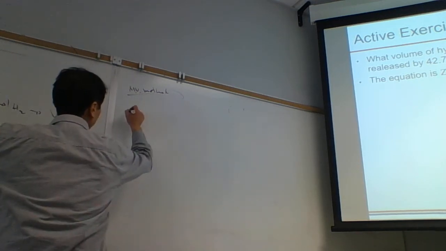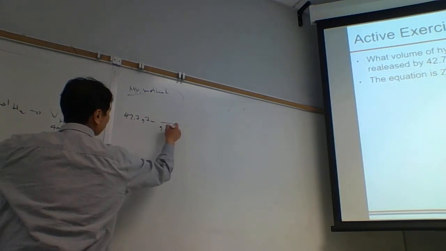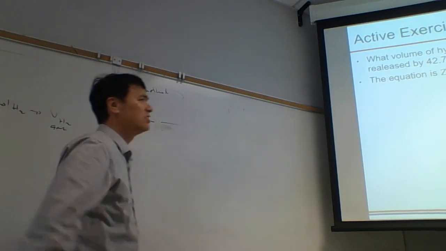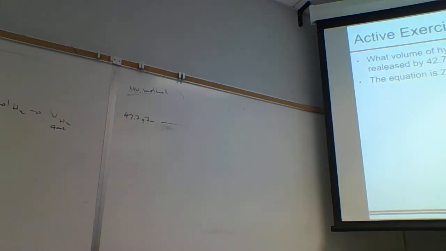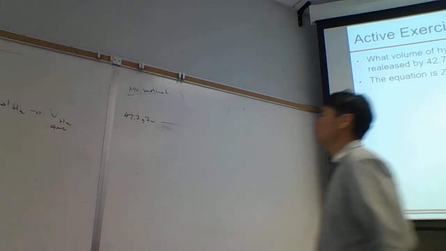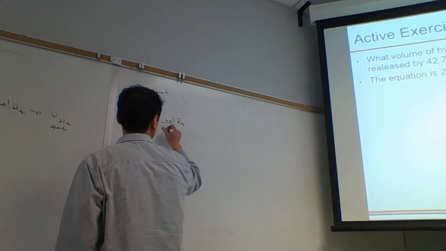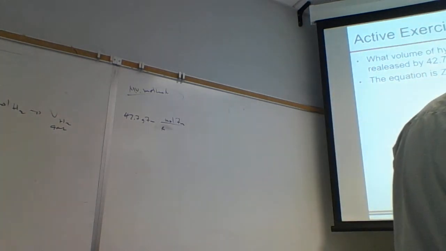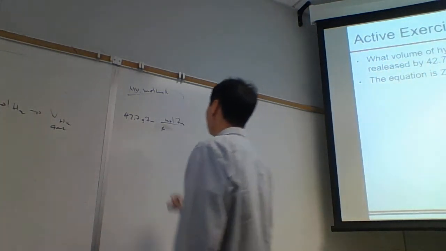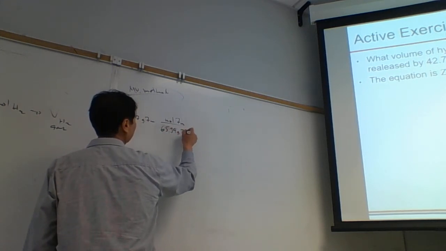So I'll go 42.7 grams of zinc. I need to cancel out grams of zinc. I can use the molar mass to do that, because zinc is 65.39. So a mole of zinc weighs 65.39 grams.